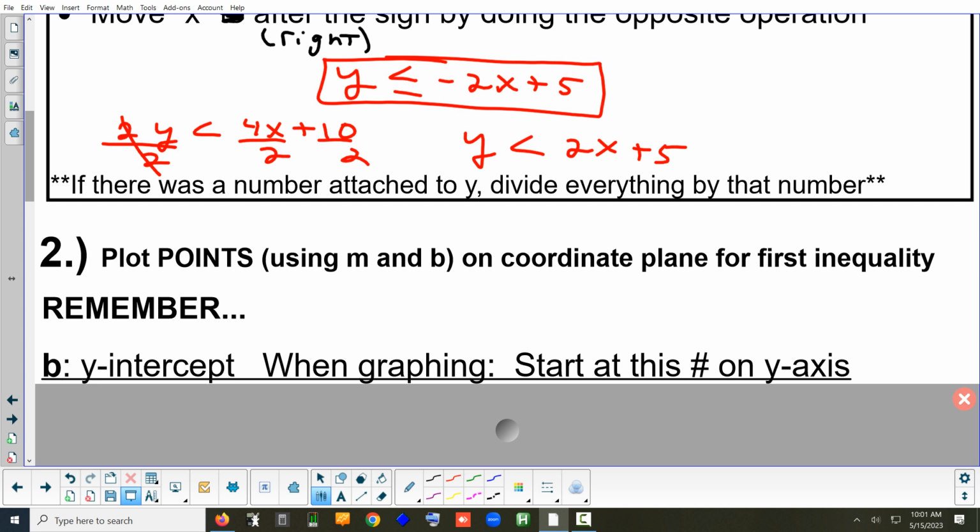So what does the y-intercept tell you? You already have the when graphing part printed. Just copy what's after the word graphing: start at that number on the y-axis. So if your b value is 5, you're going to put a dot at 5. If your b value is 2, you're going to put a dot at 2. So it tells you where to put your first dot.